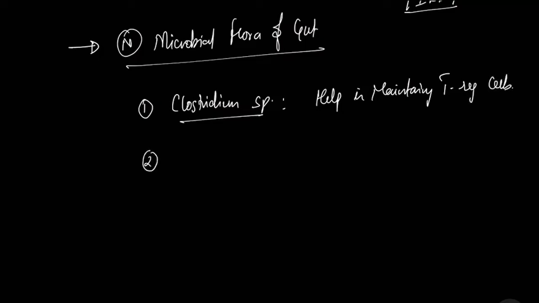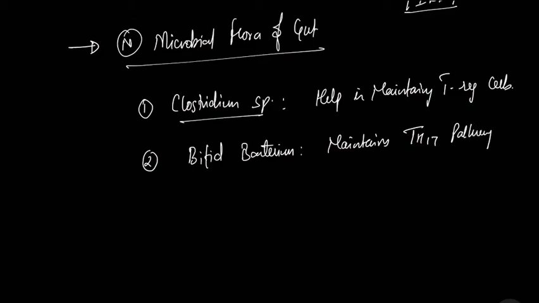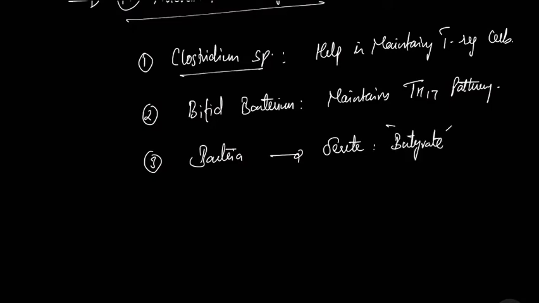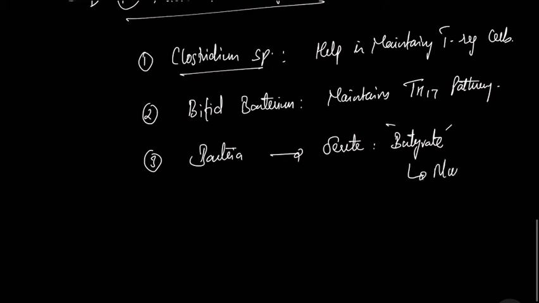The second is Bifidobacterium, which maintains the Th17 pathway. And thirdly, we have other bacteria which secrete butyrate. This butyrate helps in mucosal protection.